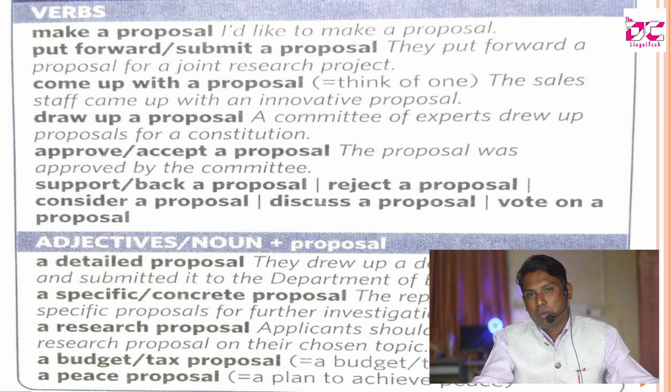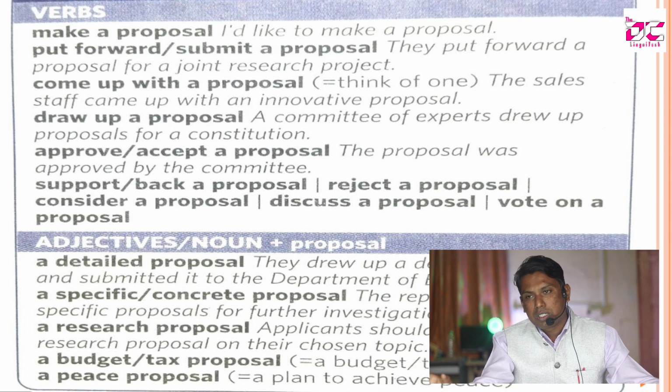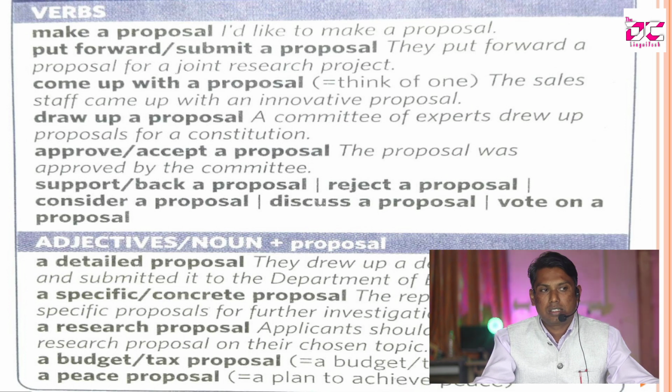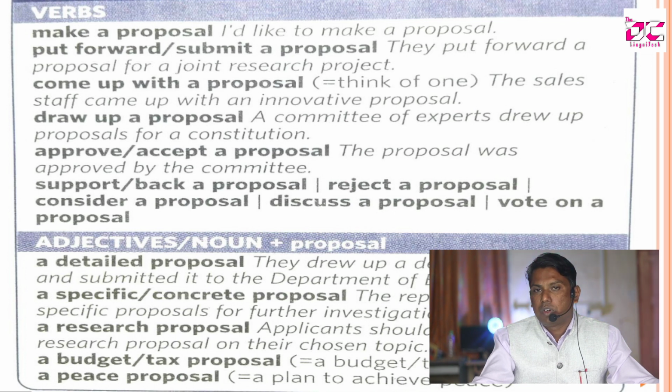Like with mistake, we can say terrible mistake, small mistake. With mistakes, certain words go, certain words don't go. I have taken the word proposal. For example, make a proposal, put a proposal, come up with a proposal, draw up a proposal, approve or accept the proposal, reject the proposal.